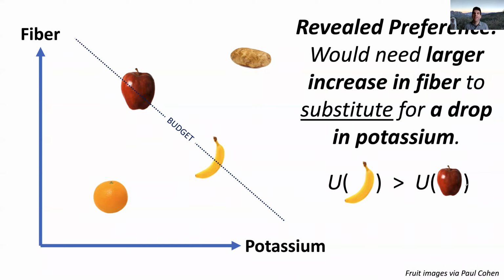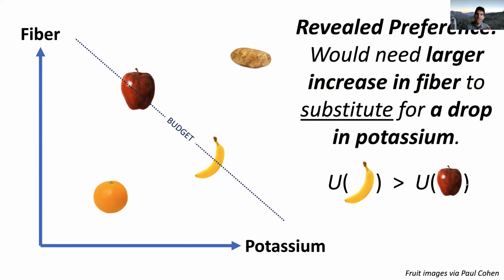In other words, in order for them to tolerate reducing their potassium, they would need an increase in fiber that is even greater. So they would need a larger increase in fiber to substitute for the losses in potassium, because of how important potassium is. And so that's what I've revealed.